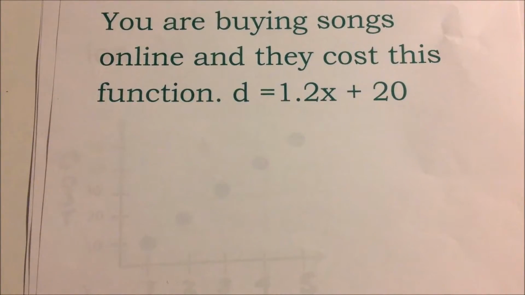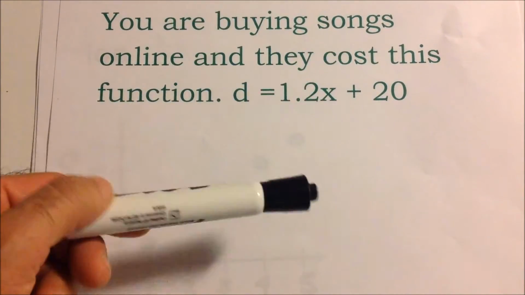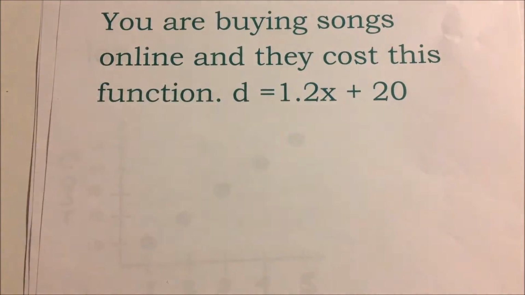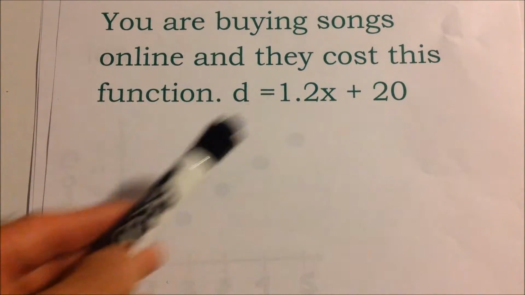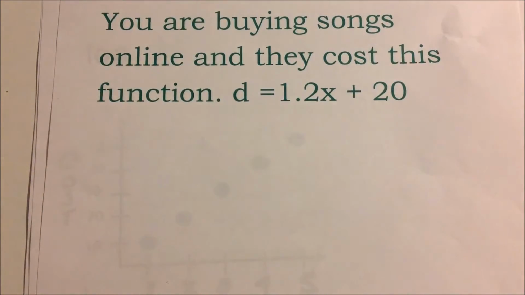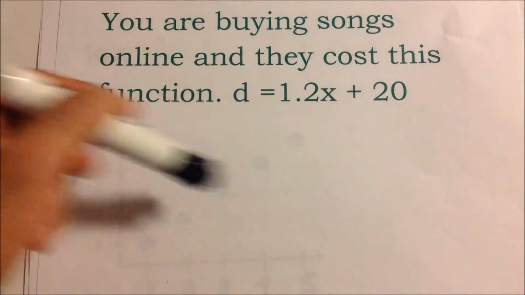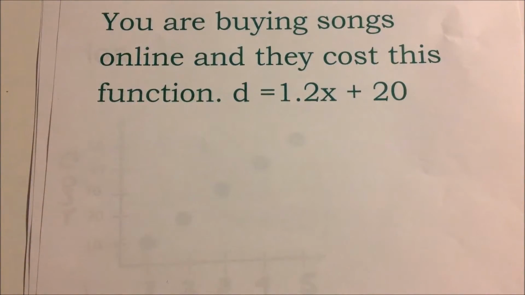Are you buying 2.5 songs? No, you're only buying songs that are integers, right? 1 song, 2 songs, 3 songs. So in this case, x can only be certain values. It could be 1 or 2 or 3 or a million, whatever the case may be. It just can't be a fraction. So if x can't be fractions, this is discrete, not continuous.